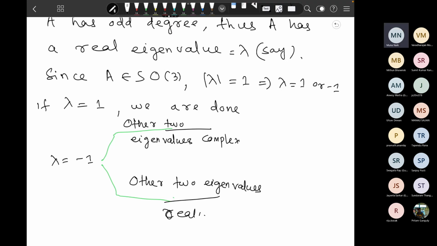In that case, you will have e to the power i theta and e to the power minus i theta as the other roots. The determinant of A would be minus 1 times e to the i theta times e to the minus i theta, which is minus 1, and this case is not possible.